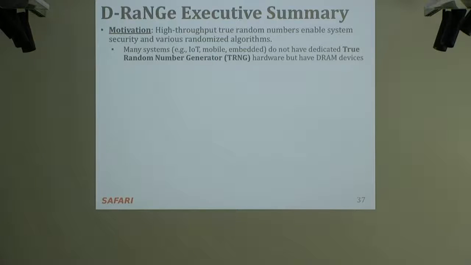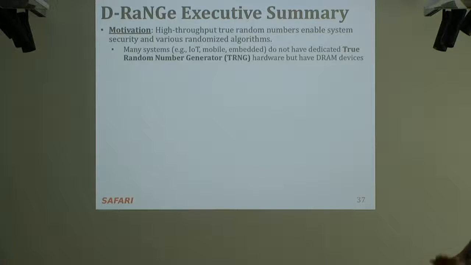Some of them have true random number generators. Some of them don't. But some systems don't have true random number generators, but they have DRAM devices because they can't afford the cost of a true random number generator, especially IoT, mobile, and embedded, where security is actually very important going forward. So basically, DRAM is a good substrate to enable security functions because it exists everywhere.